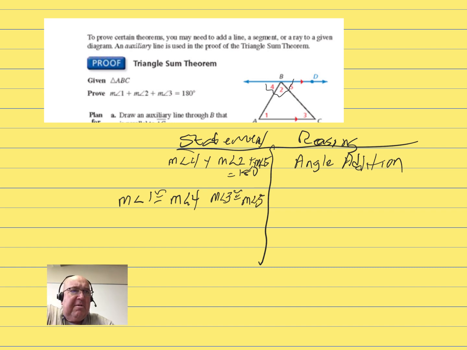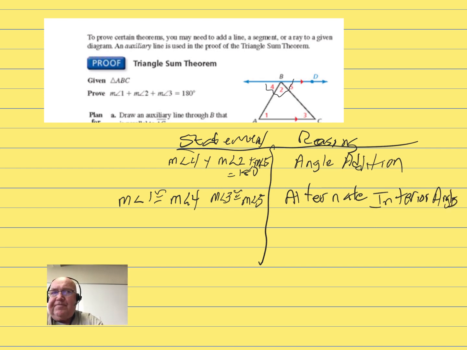And we get that because they're alternate interior angles. So the measure of angle 1 is equal to the measure of angle 4, and the measure of angle 3 is equal to the measure of angle 5, and that is because congruent angles are equal.